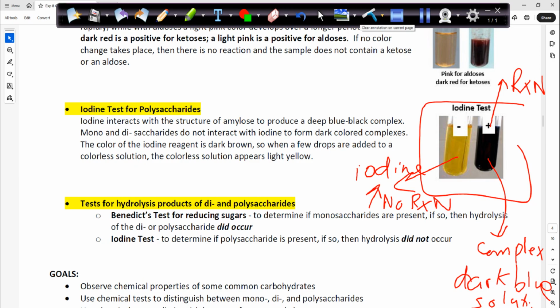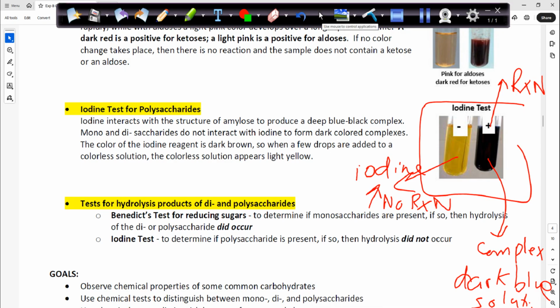Maltose will give you 2 glucose, and the starch will give you multiple glucose. So they will break down when you add HCl to them.